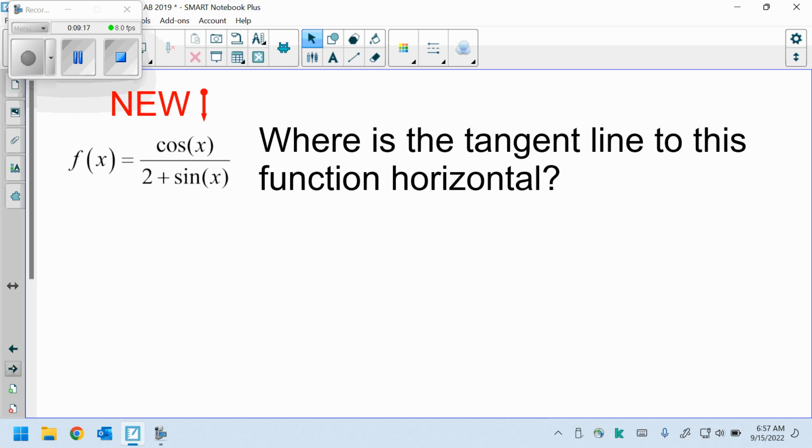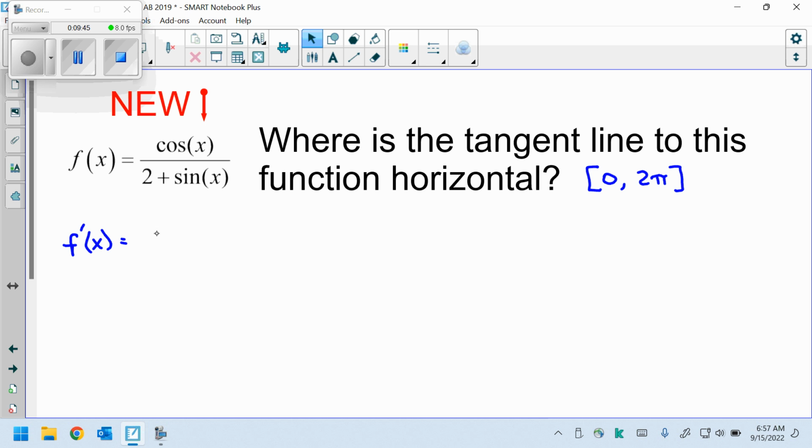Now, where's the tangent line horizontal? And I'm going to say that we want to limit this to the domain from 0 to 2 pi. Well, what does tangent line horizontal mean? It means the slope or the derivative would have to be 0. So let's work on that derivative.